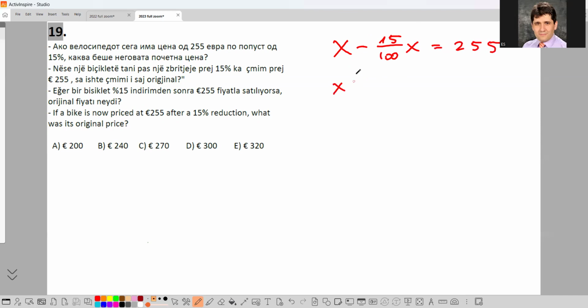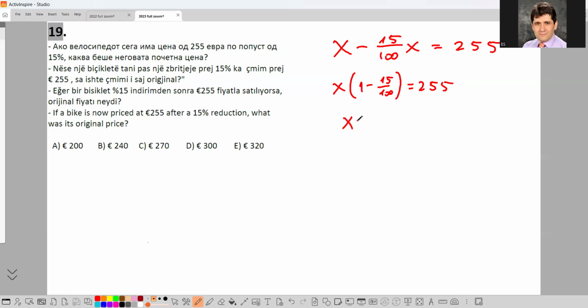So taking X in front of brackets, 1 minus 15% is actually 1 minus 15 over 100, which is 85 over 100.